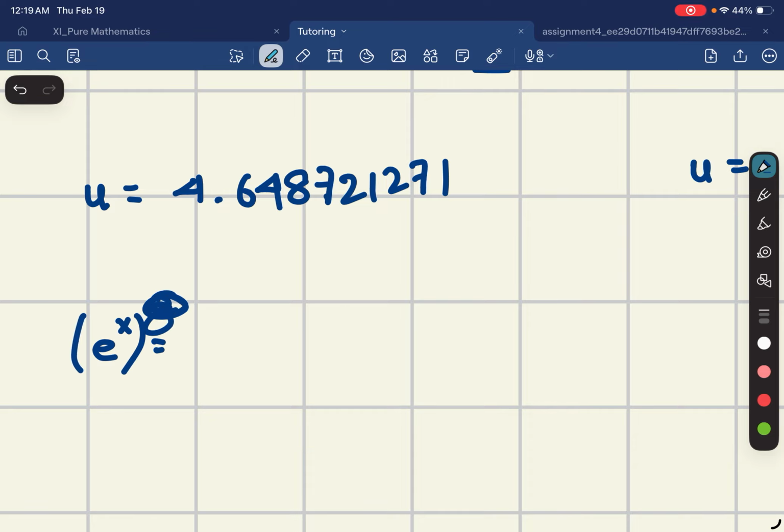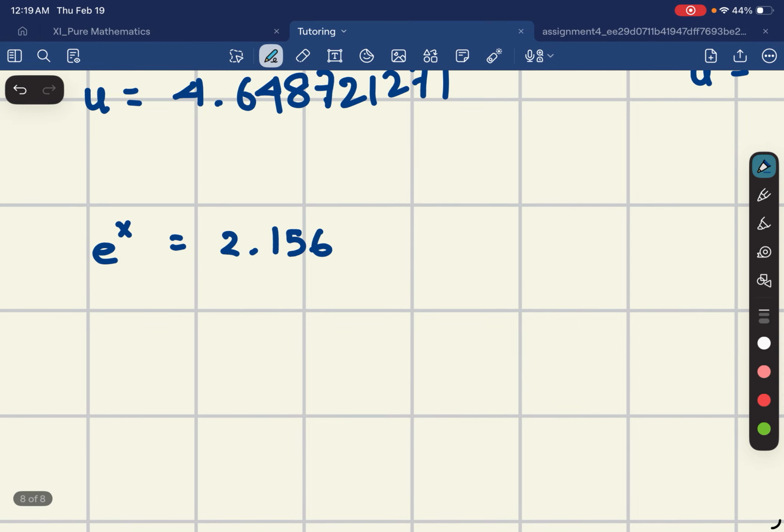So if I take the positive square root, then I get 2.156, and when I take the natural log to solve for x, I get 0.768.